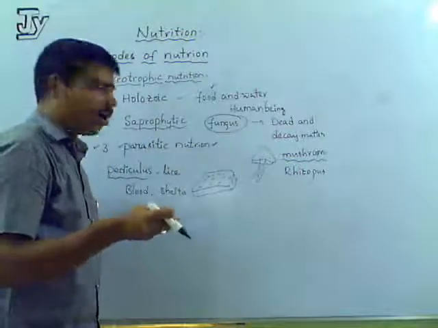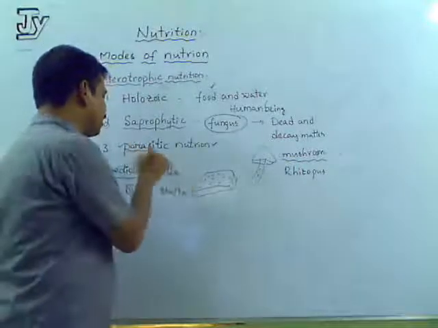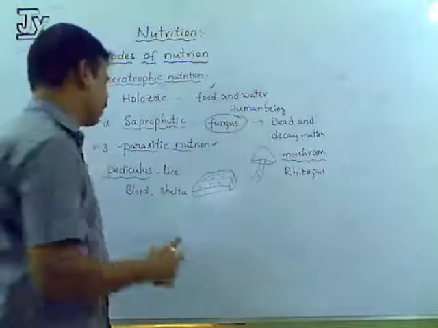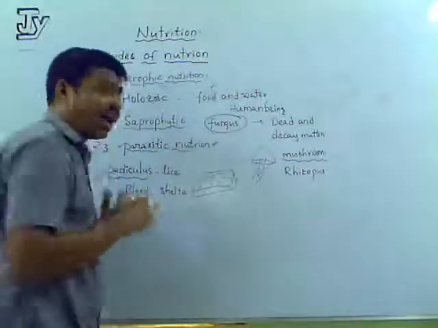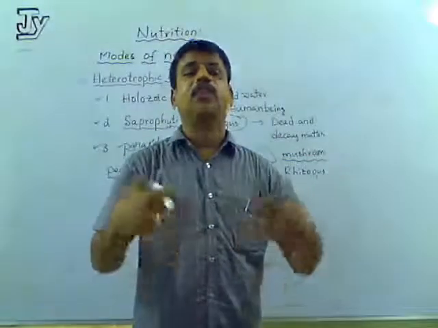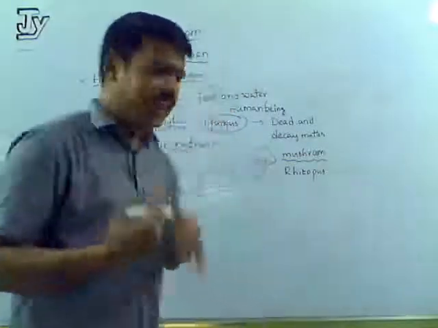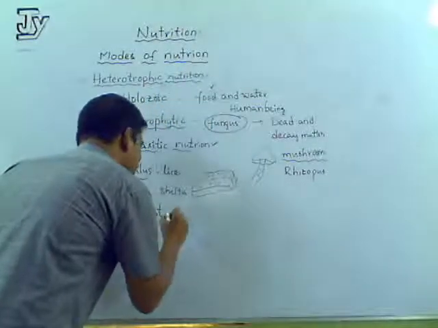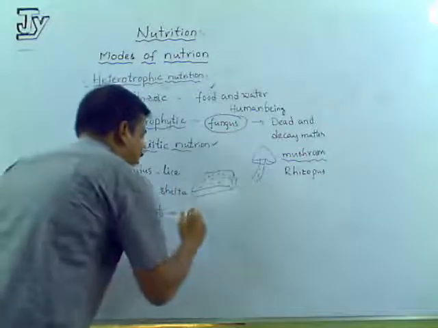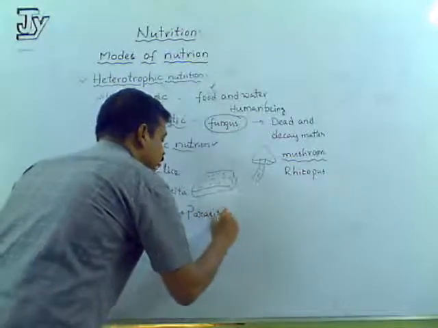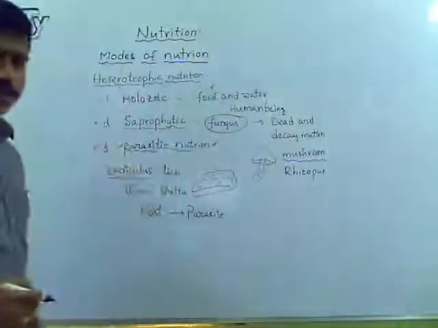Organisms which show parasitic nutrition are called parasites. An organism which gives food and shelter to parasites is called the host. So the relationship between host and parasite is called parasitic nutrition.